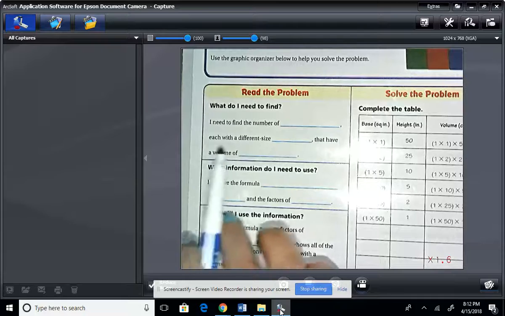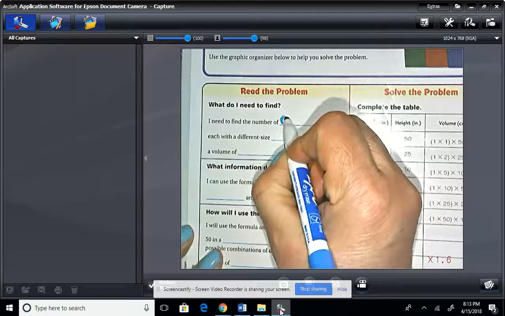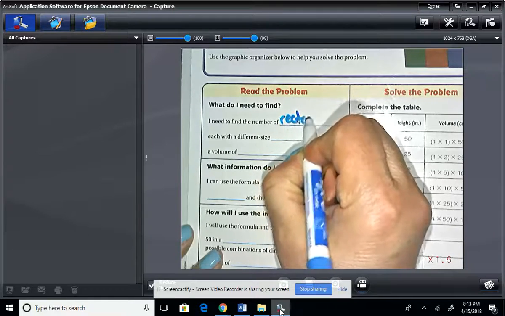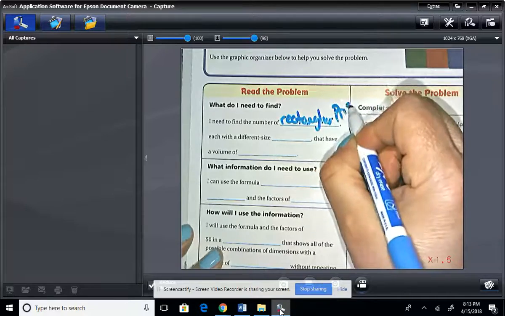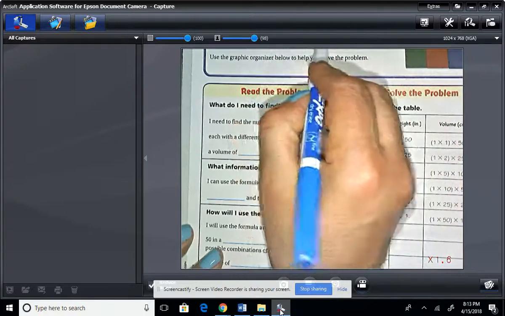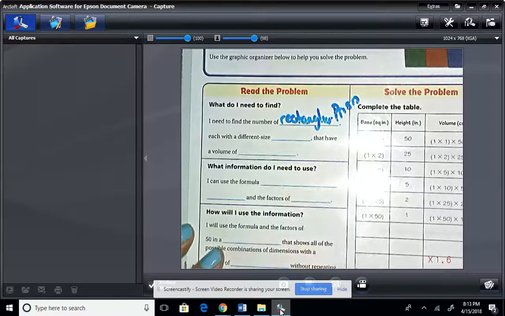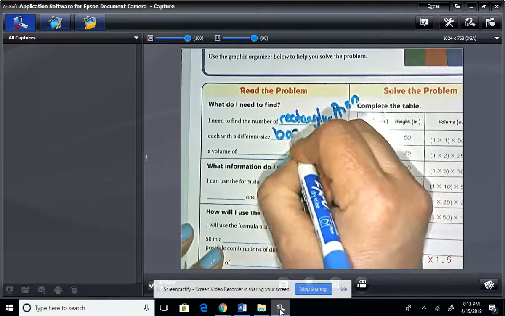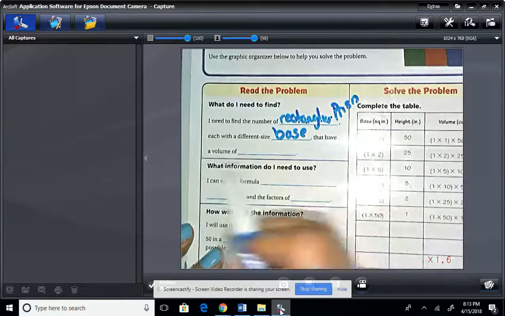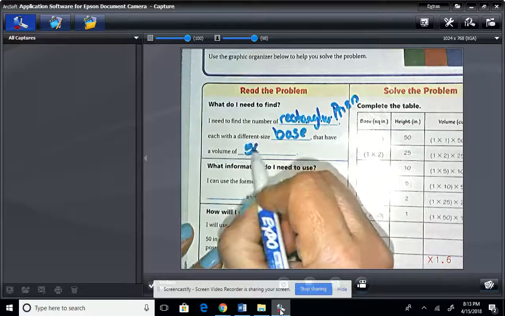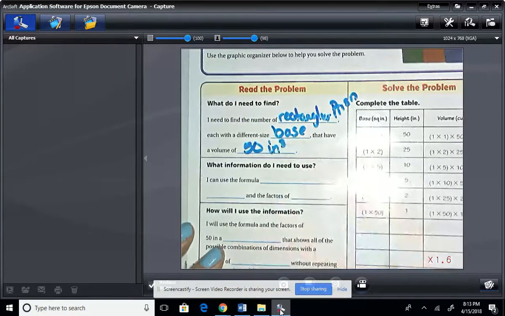So I need to find a number of rectangular prisms, each with a different size base, that have a volume of 50-inch cubed.